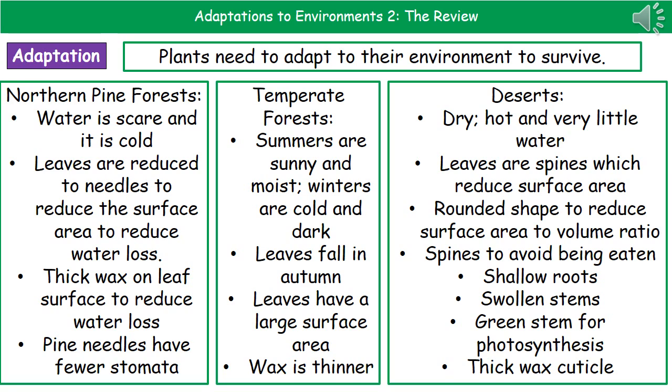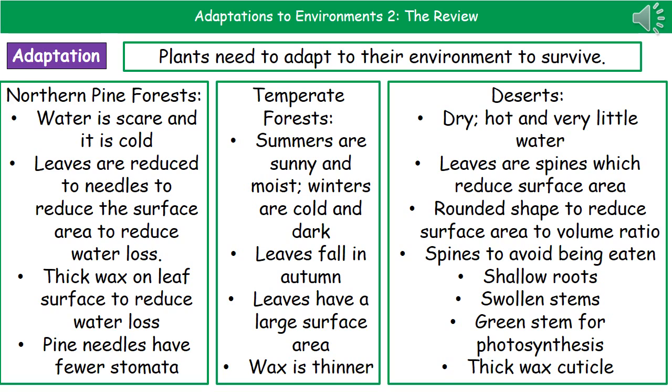If we think about the temperate forests next, then this is kind of like the UK really. We get quite nice summers that are sunny and moist, and the winters are cold and dark. Now obviously the plants that live there have to adapt to those pretty different conditions. As soon as we get to autumn, the leaves fall from the trees. There's no point in keeping those leaves on the trees through winter because they're not going to get enough light to carry out photosynthesis at a fast enough rate to make it worthwhile keeping them.